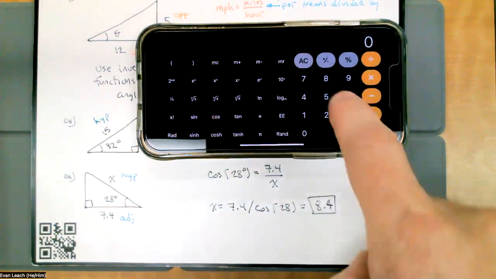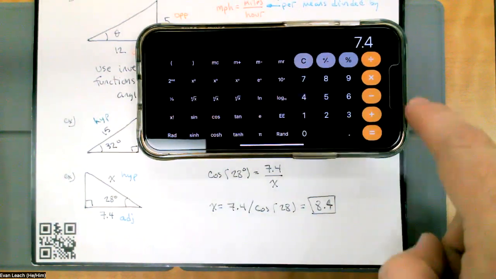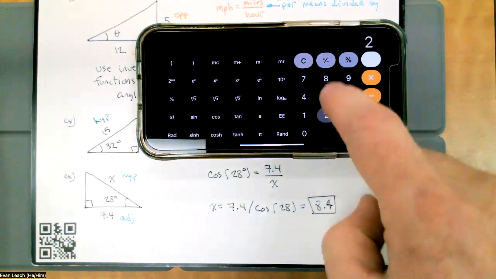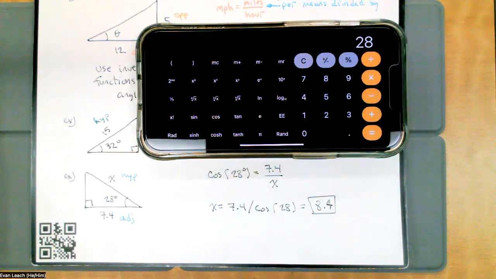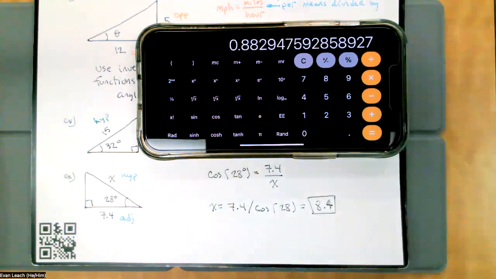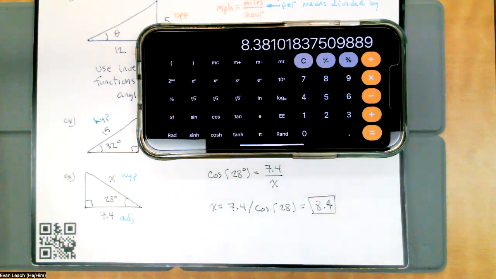So I got to do 7.4 divided by, now I want the cosine of 28. So I got to put the 28 on there first. Don't hit equals, because that'll just divide the 7.4 by 28. I want the cosine of 28. So now I hit cosine and then hit equals. No problem. 8.38, 8.4.